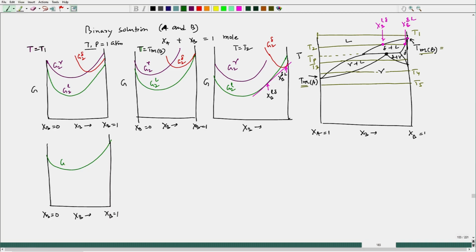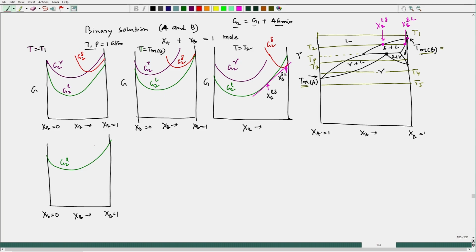This is the liquid one, G2 of liquid. Please understand that G2 is always the free energy of the solution. We know that G2 equals G1 plus delta G mix, where G2 is the solution free energy, G1 is the unmixed free energy of the system, and delta G mix is the free energy of mixing when these two components are mixed at different compositions. Now, this is the one, and then we can have a situation like this.